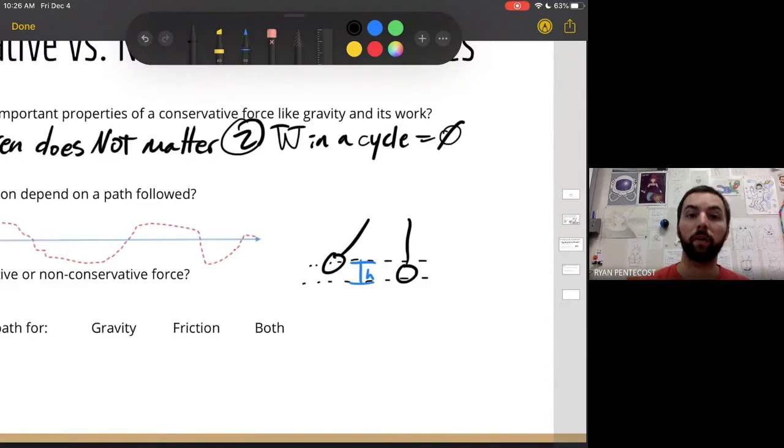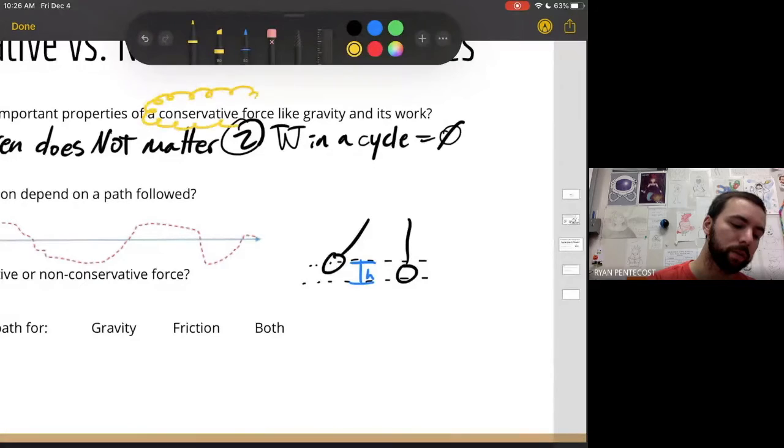Or if you run a 5K, it cares about your displacement, not the path you took, the distance between your initial and final. It doesn't matter what the initial and the final were. It just cares about the difference between your initial and final. So work in a cycle is zero. And this is specifically for conservative forces.